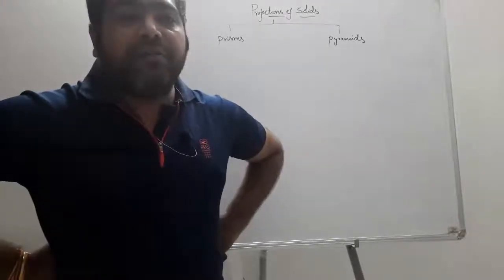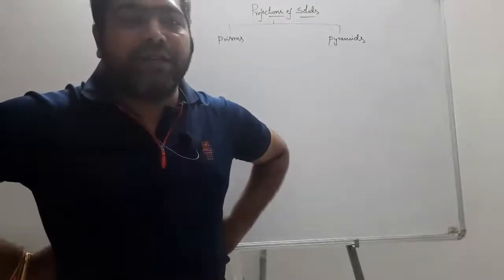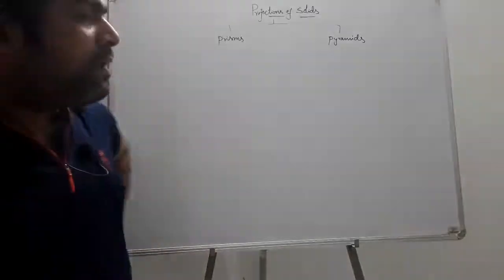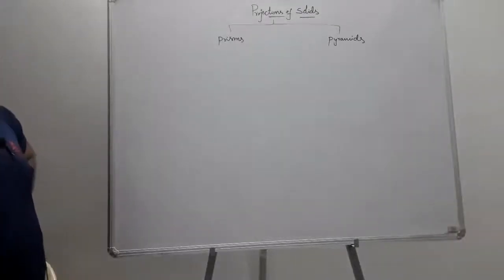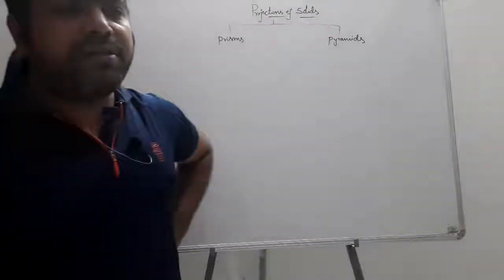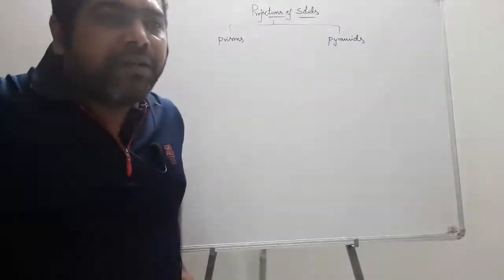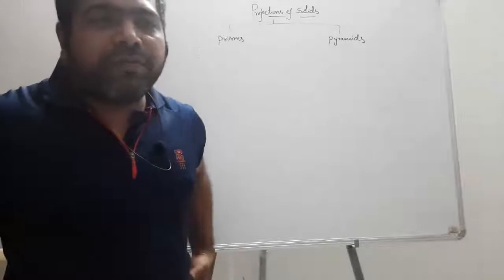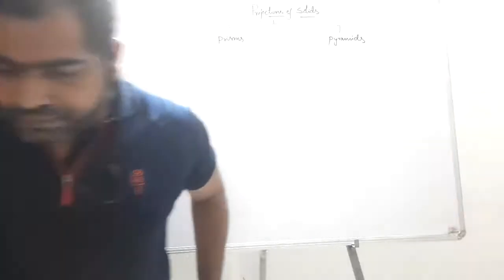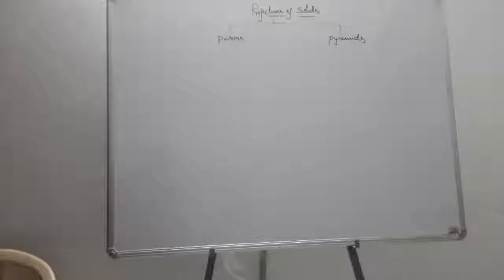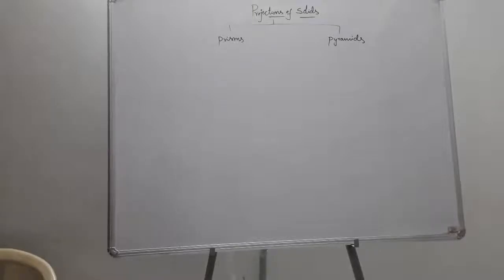We already have an idea about pyramids. We are generally aware of the Egyptian pyramids, right? While seeing the Egyptian pyramids, can you tell me what the shape of that pyramid was? Egyptian pyramids are in cone shape.